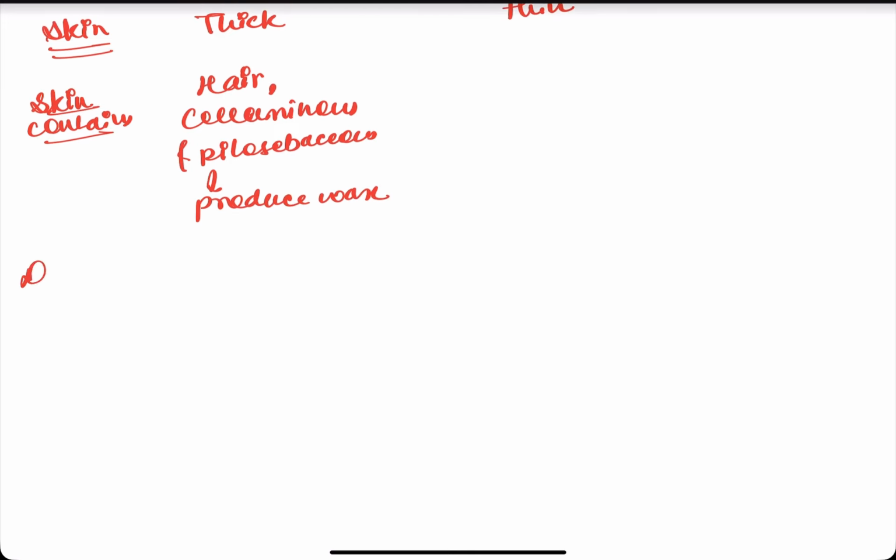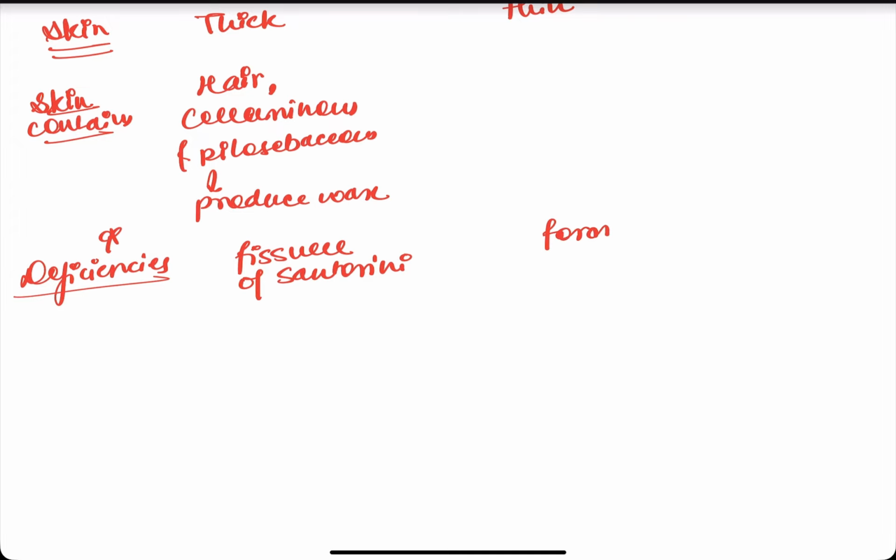The deficiencies, which are important: the deficiencies present in the cartilaginous part are the fissures of Santorini, and the deficiencies present in the bony part are the foramen of Huschke.